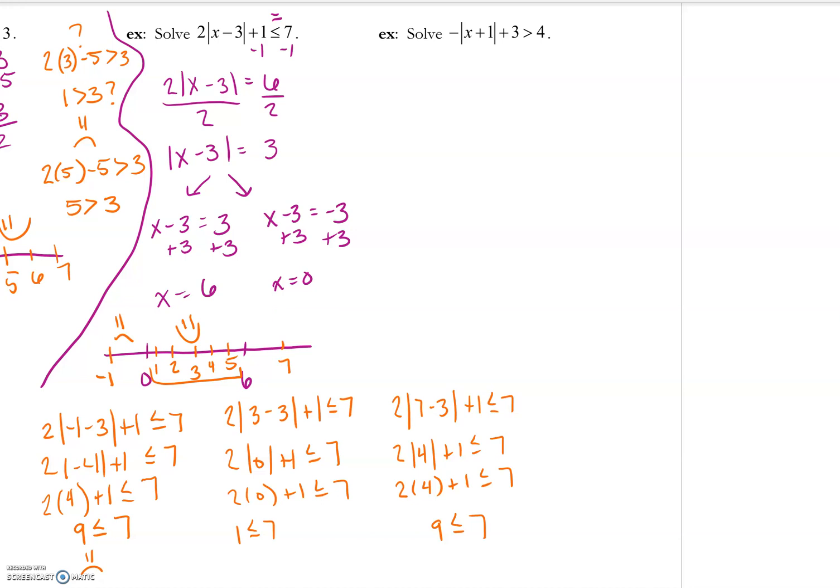So none of the numbers bigger than 6 would have worked either. So really, my only solution set happened in between 0 and 6. So any x value in that interval would have worked, which means my solution then is any x value that's greater than or equal to 0, and less than or equal to 6.